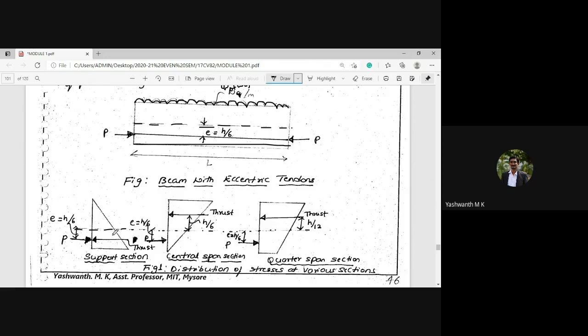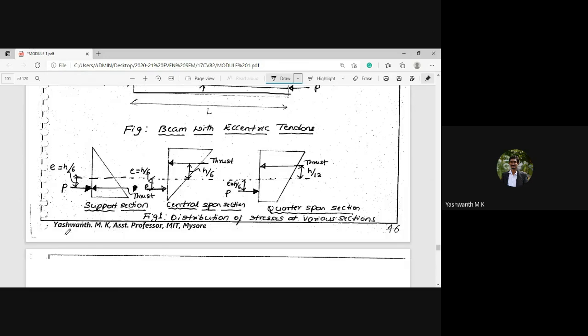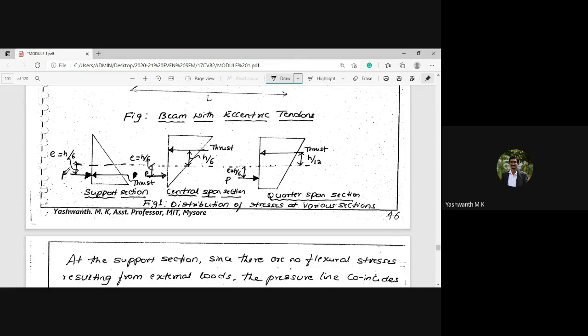This P indicates the pre-stressing force induced through the cables, that is the central axis of the steel, and this will be the eccentricity distance. We know from the stress concept that the distance between the central axis of the section to the pre-stressing force induced is called eccentricity, and that eccentricity is given by h by 6. Is it clear? So the distance will be h by 6.